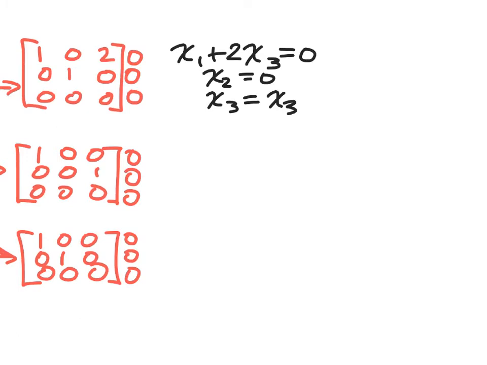Let me not skip it. I was about to skip it and show you where the pitfalls were, but let me not skip it on this one, and then I'll still point out where the pitfalls are. So x1 equals negative 2x3, x2 equals 0, x3 equals x3.